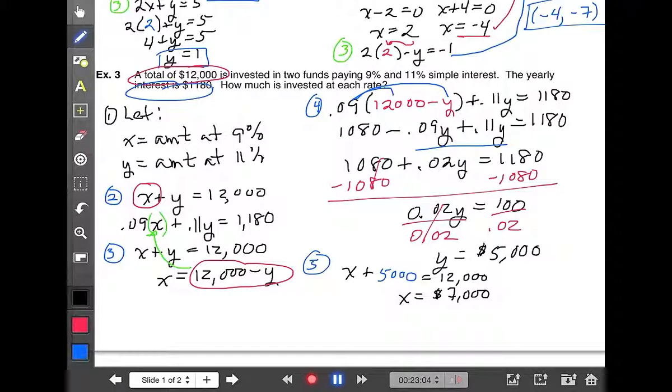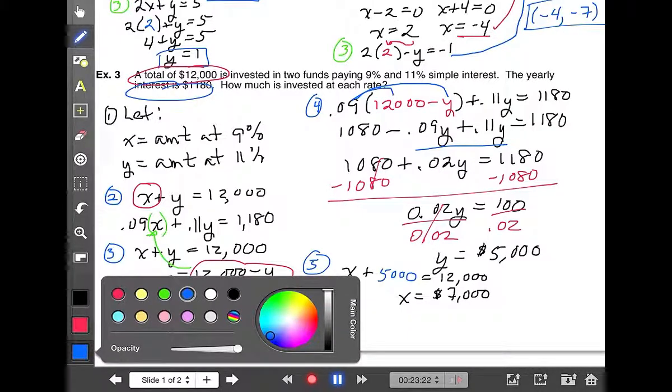And so because it's a word problem, you're not going to write an ordered pair as an answer. You have to rewrite the question as a statement. So the question says how much is invested at each rate. And so the last thing that you're going to do is answer that question.